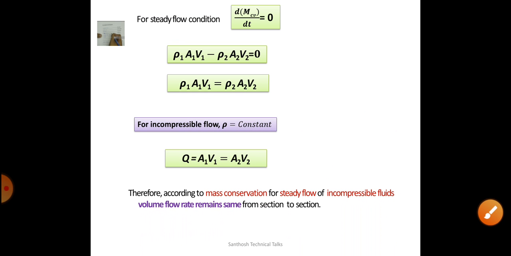Therefore, according to the continuity equation, it is conservation of mass. It is calculated how mass is utilized for steady flow of an incompressible fluid. The volume flow rate remains constant from section to section. That is our understanding of the continuity equation for one dimension.